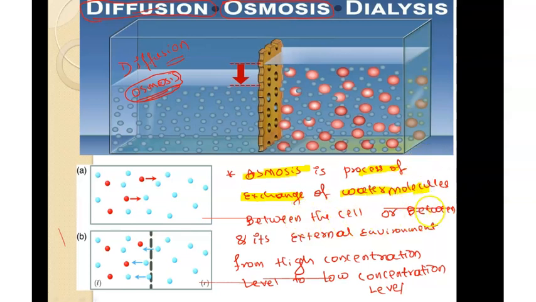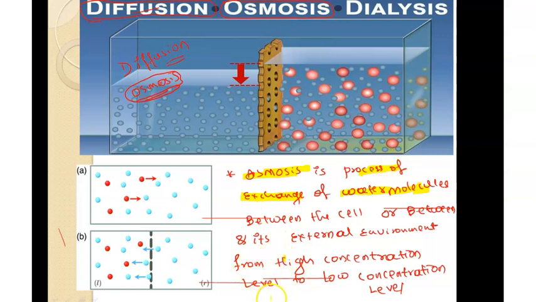Between the cell and between the cells, means if you have two cells, then there is exchange of water molecules taking place. Then cell and its external environment. Water has to move from one cell to another cell, or from cell to its outside environment, or from outside environment into the cell.